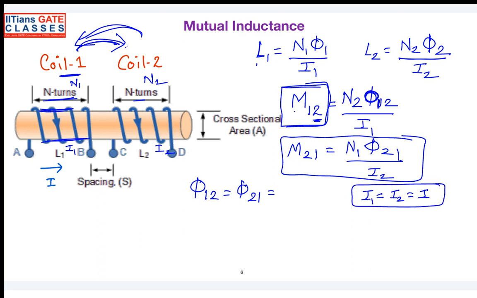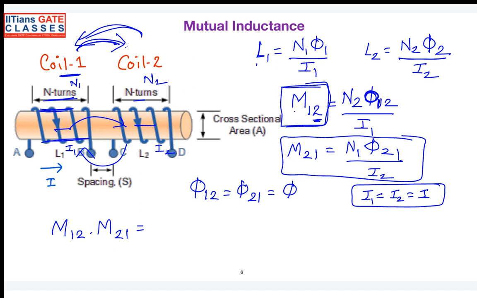Then in that case, what will happen? If both the coils are nearby, whatever the linkage from 1 to 2, the same is the flux coming from 2 to 1. Let me call it phi. Then how can this mutual inductance be defined? M12 into M21, you multiply those two.